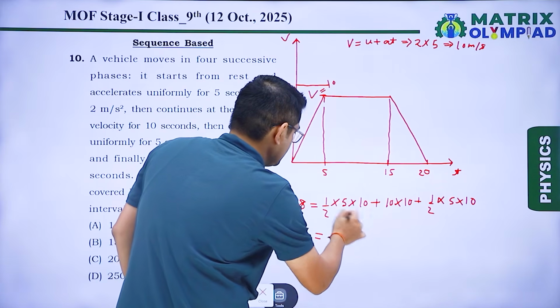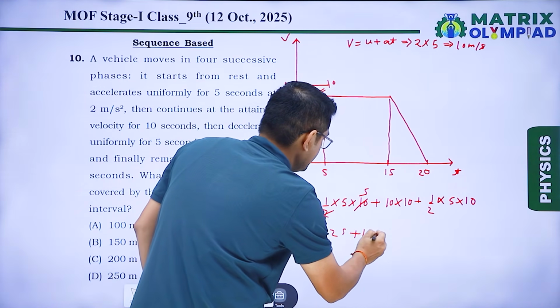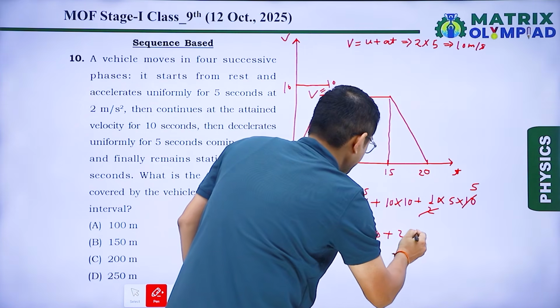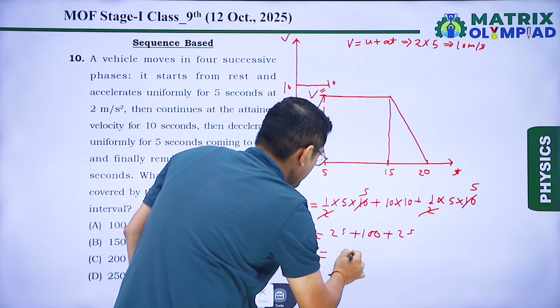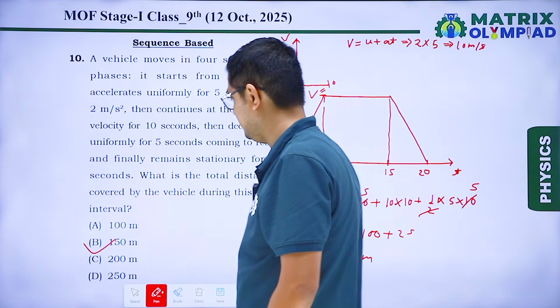So it becomes 25 plus 100 plus 25, that is equal to 150 meters. So the correct answer is option B.